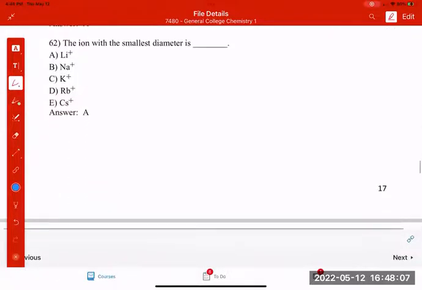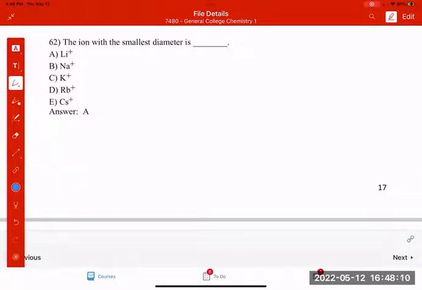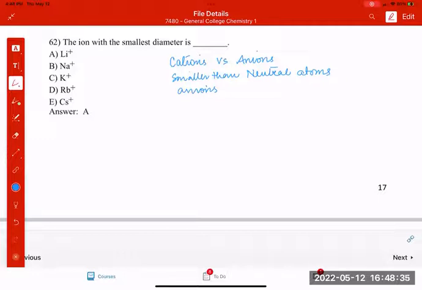Okay. The ion with the smallest diameter. So remember the cations versus anions, first of all. The cations are smaller than the neutral atoms, and the anions are larger than neutral atoms.